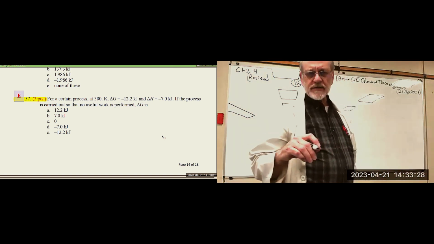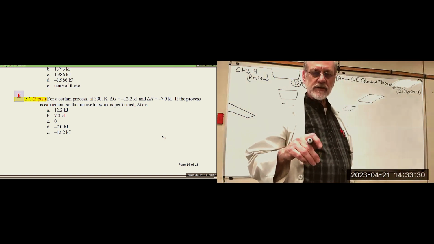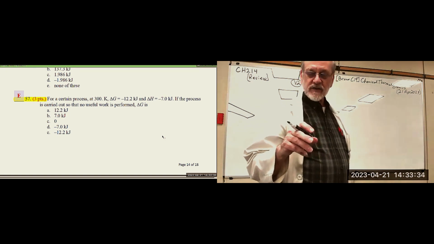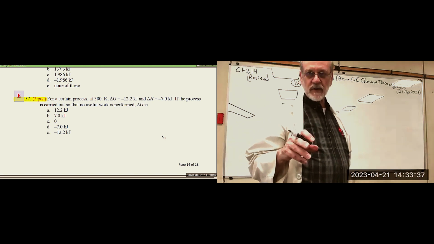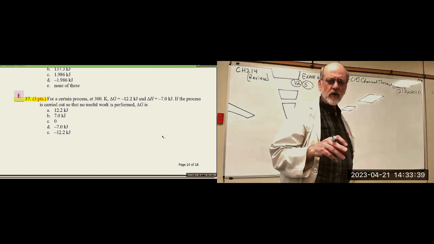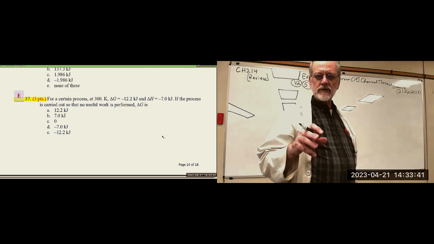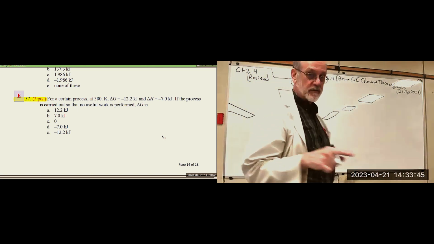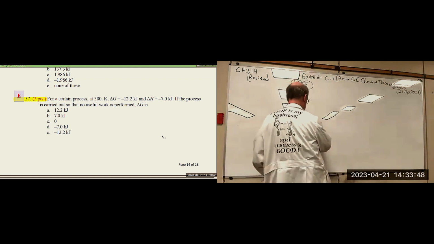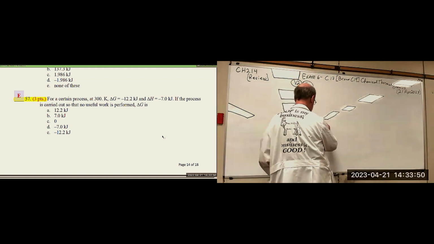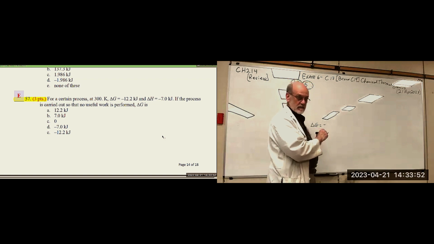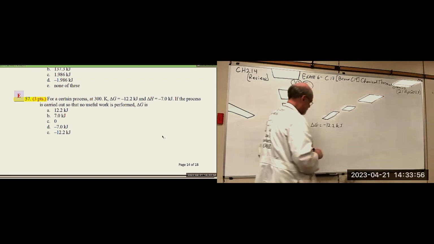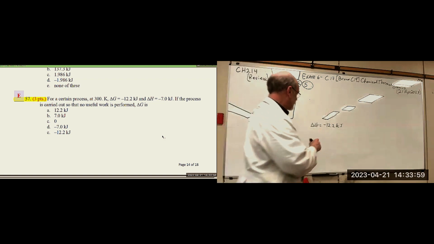For a certain process at 300 K, delta G equals minus 12.2 kilojoules, spontaneous. Delta H is minus 7 kilojoules, it's exothermic. If the process is carried out so that no useful work is performed, delta G is... So no useful work is performed. Delta G equals minus 12.2 kilojoules, which means it's spontaneous.